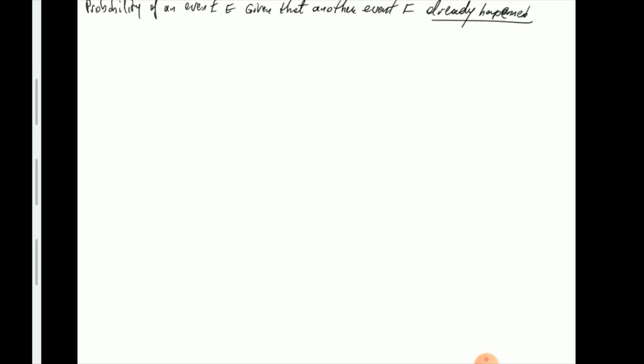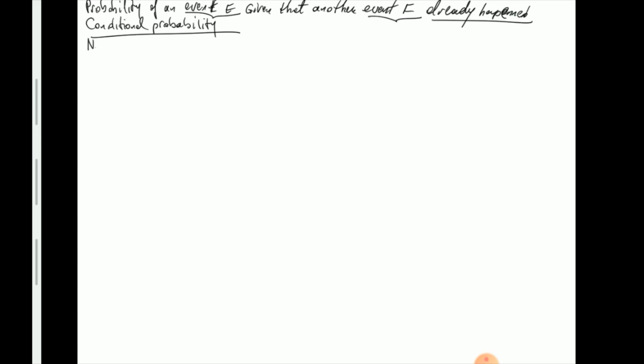Basically, this is what we call conditional probability: the probability of an event E given that another event F already happened. There's a special notation for this.